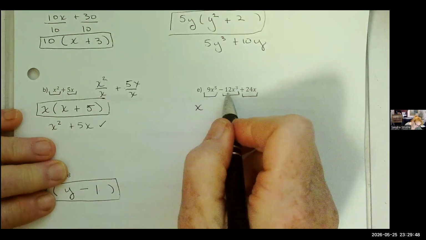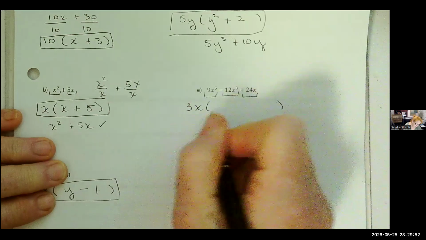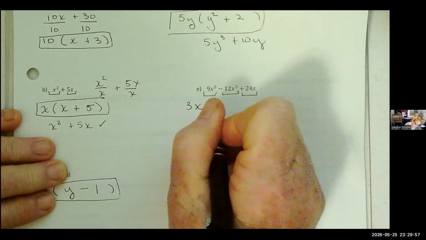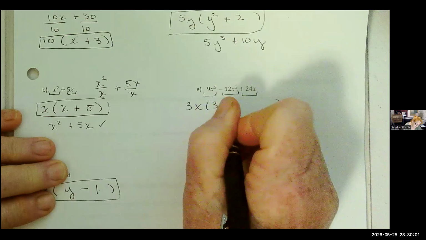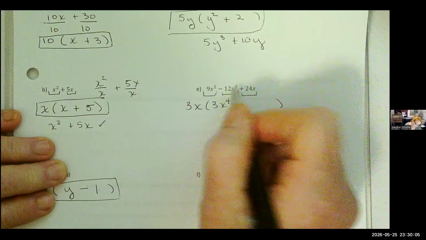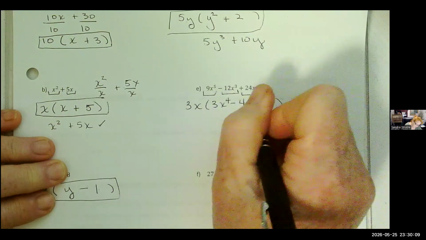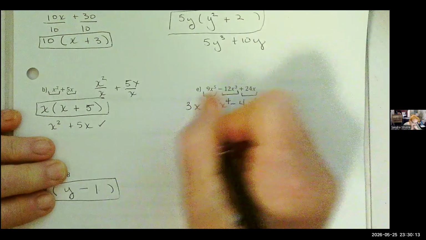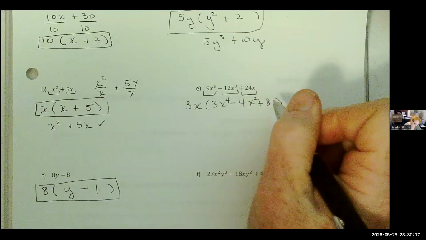So whenever I factor 3 out from 9, I'm left with 3. Factor x from x to the 5th, I'm left with x to the 4th. Minus, 3 goes into 12 4 times. Factoring out x from x cubed leaves me with x squared. Plus, 3 goes into 24 8 times. And we've already got the x represented.